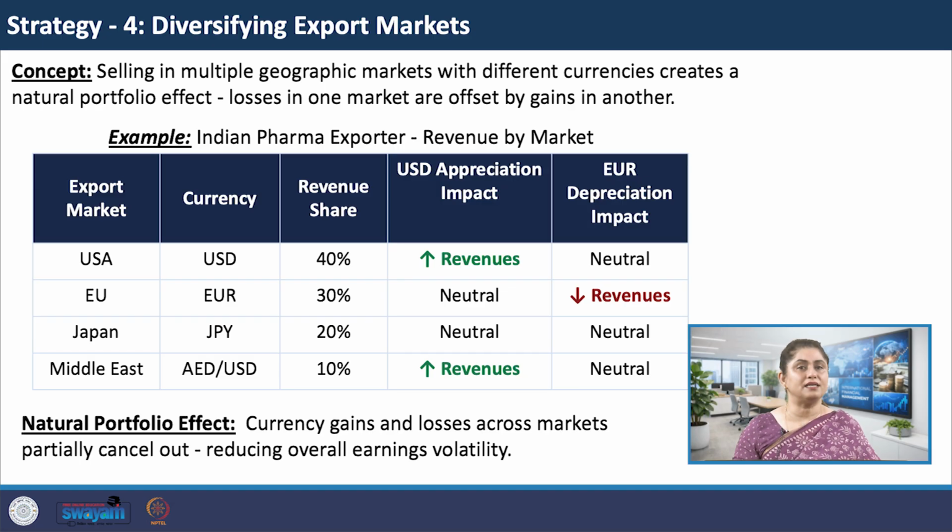The additional benefit is strategic. A company with revenue across multiple geographies has a more stable customer base, is less vulnerable to regulatory changes in any one country, and has a stronger negotiating position with the buyers. Market diversification serves multiple strategic objectives simultaneously, and exchange rate resilience is one of the most important.